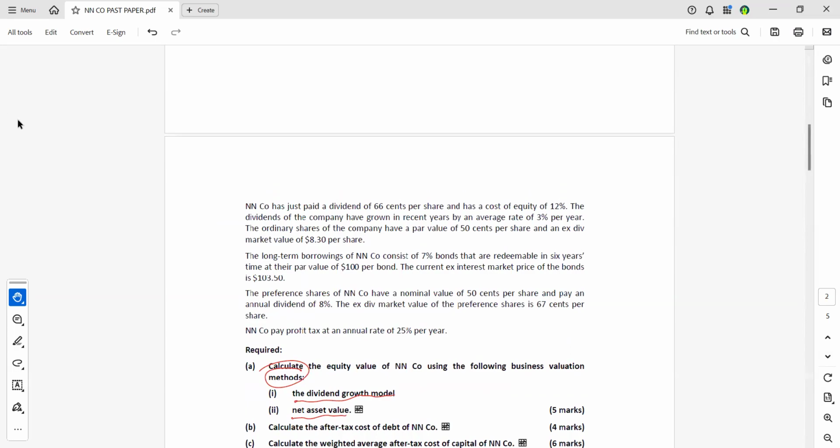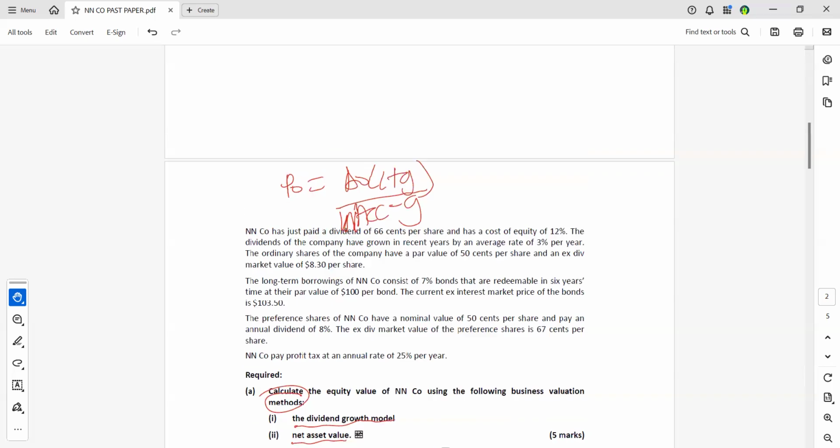So our dividend growth model says that P0 is equal to D0(1+g) all over Ke minus g. So I need to see these figures in the question. Where is the dividend? Where is the growth? Where is the Ke? Then I'm able to calculate the value using the first technique, the dividend growth model.